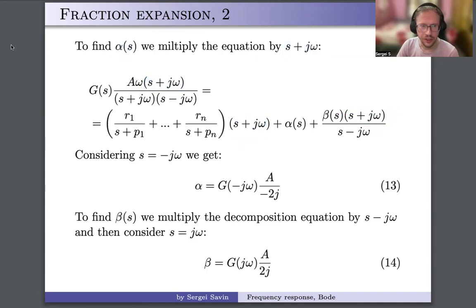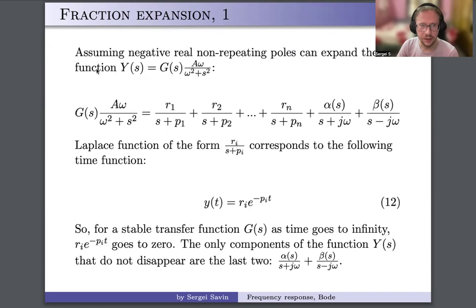Just so you can clearly see it, let me go to the last slide. So imagine we multiply this component by S plus j omega. This by S plus j omega, this, and this. Everything is multiplied by S plus j omega. Notice that S plus j omega is exactly what is on the denominator in front of this coefficient that we are trying to find. That is the way to find those residue coefficients.